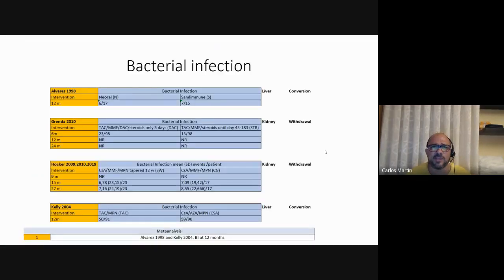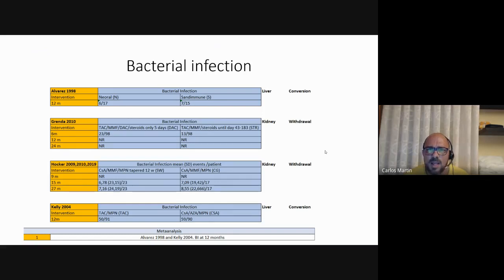The next one is bacterial infection. Here, the issue is reported in different ways. For example, Alvarez reports the number of bacterial infections. This is like a dichotomous variable.